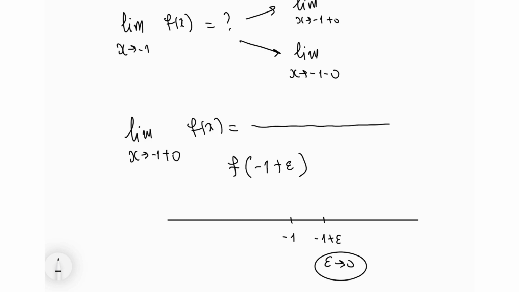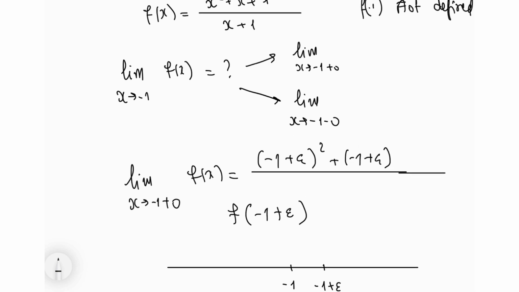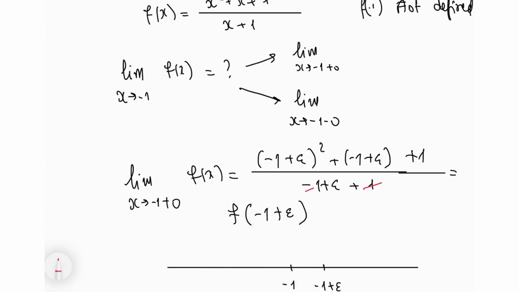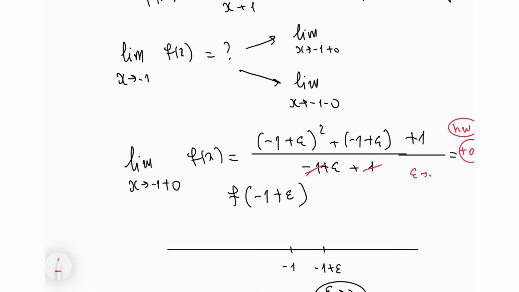So that will be (-1 plus epsilon) squared plus (-1 plus epsilon) plus 1, over (-1 plus epsilon) plus 1. And I'm leaving this for you as an exercise. You will see this is 1 minus 2 and so on. This goes to plus infinity, and this is your homework to show this. And here epsilon goes to 0.